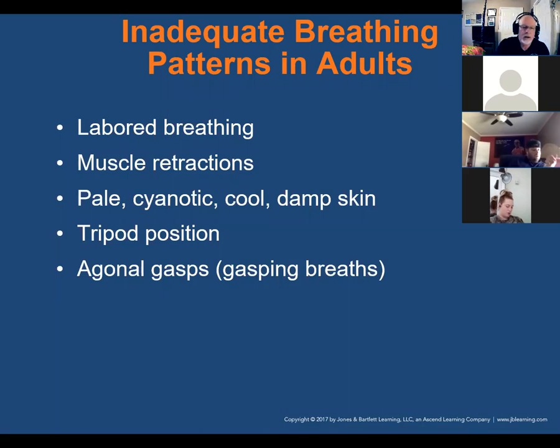In this case, tripod position, leaning forward with the hand on each knee, and that's trying to open up, make that thoracic cavity as large as possible to get the maximum amount of air in. Now, what's the deal there? Do they even know they're doing it? Probably not. Your natural thing is to lean forward, put your hands on your chest, trying to open up your chest so you can create that pressure gradient.